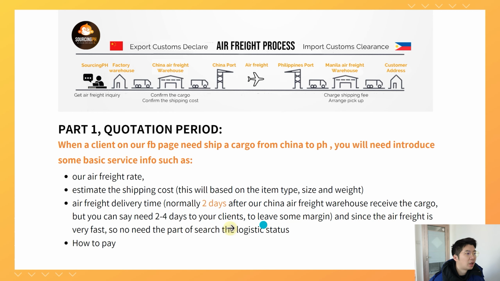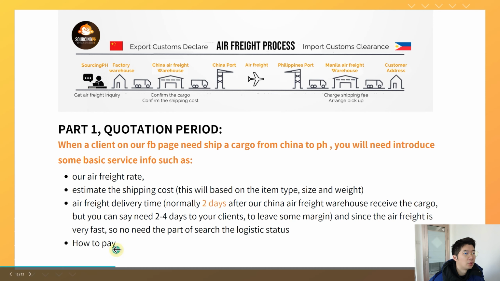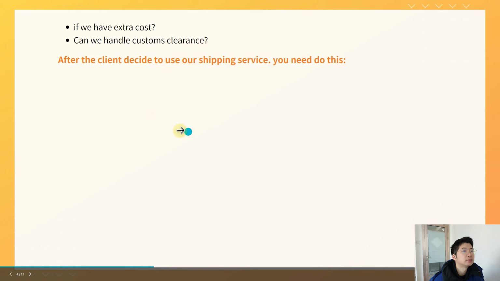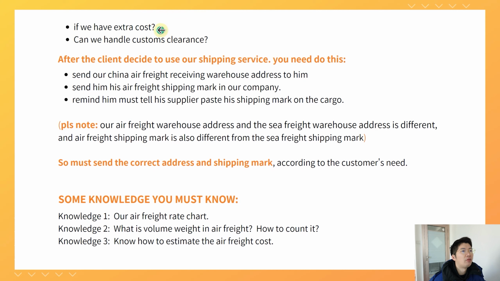And since air freight is very fast, there is no need for the part of searching the logistic status, and you also need to tell the clients how to pay. If we have extra cost, can we handle customs clearance? And after the client decides to use our shipping service, you need to do this.